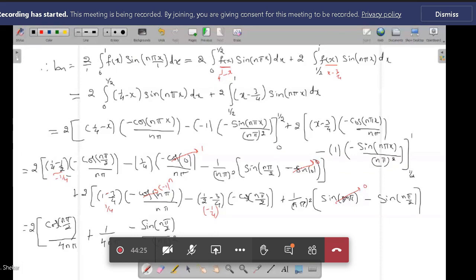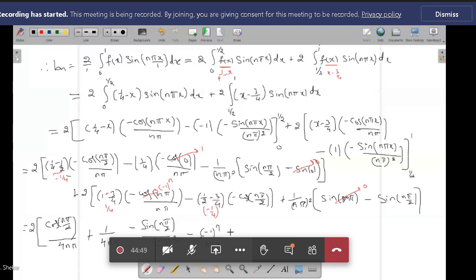So next is plus into minus, cos n pi value is minus 1 power n divided by 4 n pi, and then this is negative minus 1 by 4, so we have minus into minus plus into minus, so it is minus only.